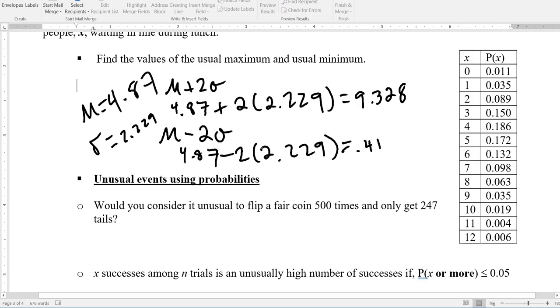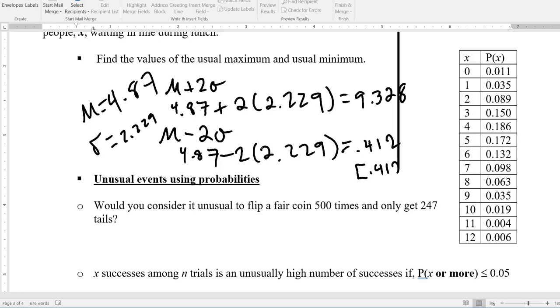So what would be considered unusual? Anything out of this range. Okay, this would be 0.412 and 9.328. Those would be all of the usual. So what's unusual? Anything outside of that range, like 0.